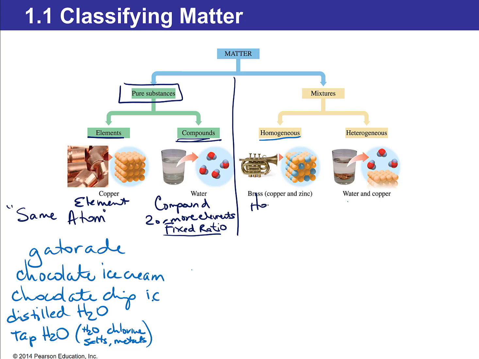They call this homogeneous. And the word homogeneous is just a Latin term, means the same. So homo means the same. So it's going to look the same throughout. So you couldn't take a piece of brass and break it and be able to look at 2 different parts. Even though they're physically combined, they have a uniform appearance.